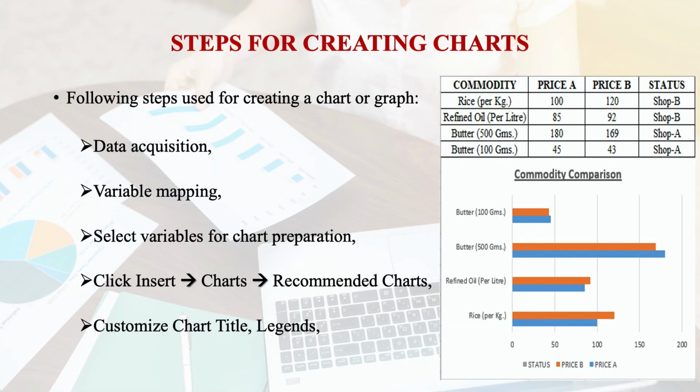You can select the chart, say we go for the column chart, or bar chart, or whatever you feel like. Accordingly the chart will be reflected, and thereafter you can customize the chart by changing the title, the legends, the chart axis and so forth. So this is how you can create your own chart.